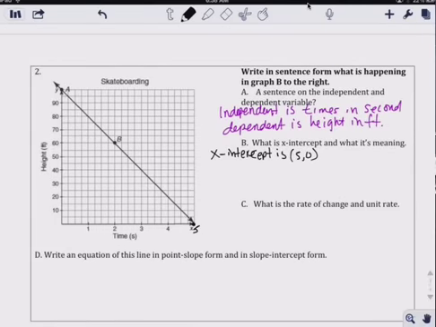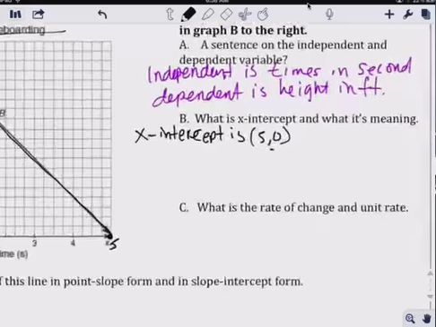It means that he's skateboarding from a height this high. It takes him 5 seconds to get to the bottom. 0 feet.